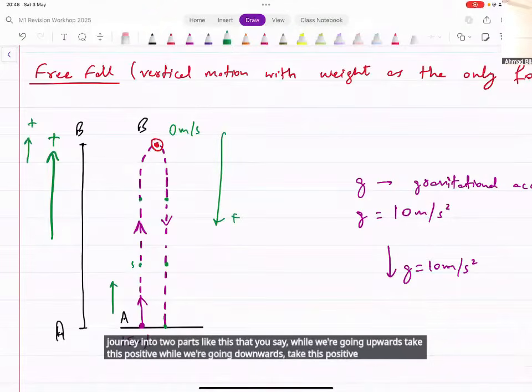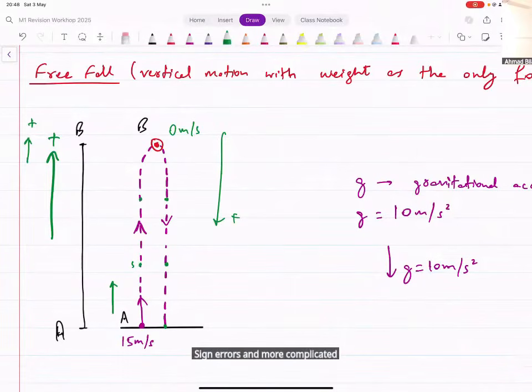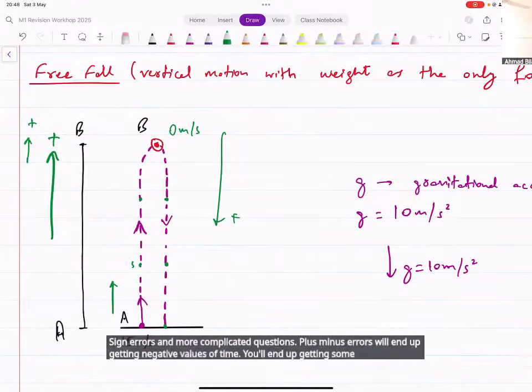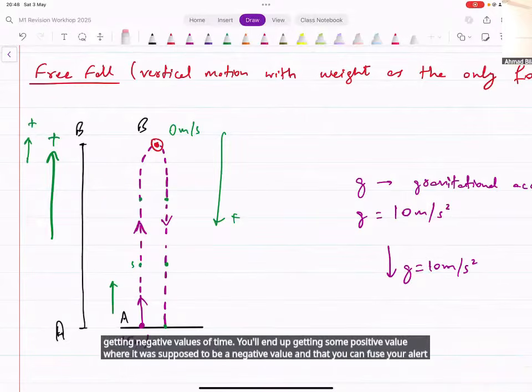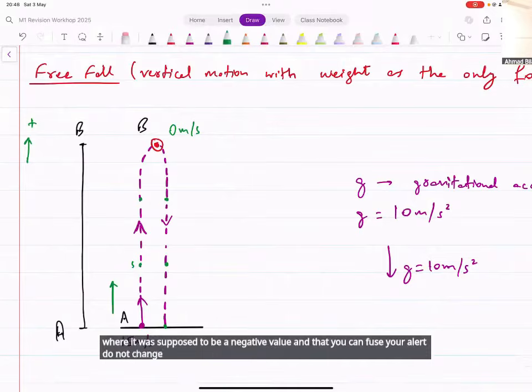That will make you do a lot of sign errors in more complicated questions. You'll end up getting negative values of time, or positive values where it was supposed to be negative, and that will confuse you a lot. Do not change the positive direction mid-journey. Consider the same direction positive throughout the journey.